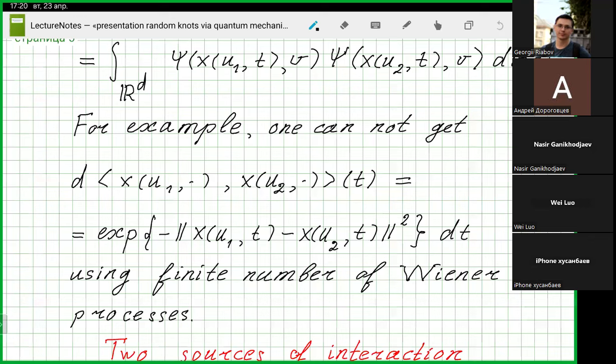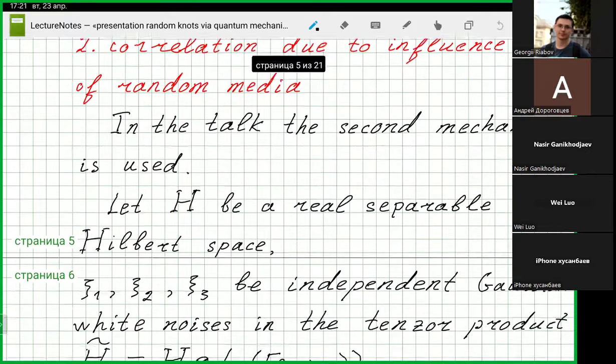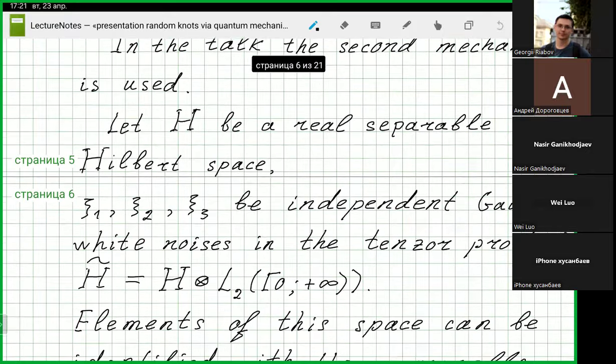The close particles can remain close due to the high correlation between their motions. So we use the second mechanism, and now let us try to find such psi.